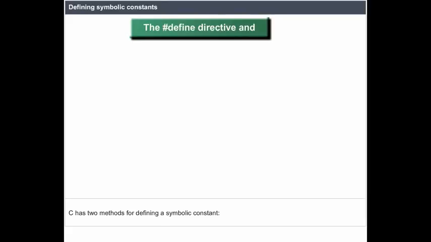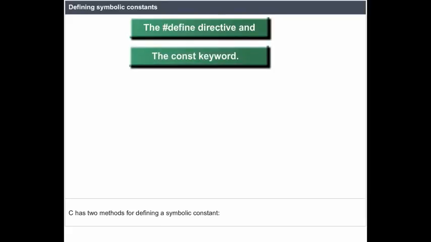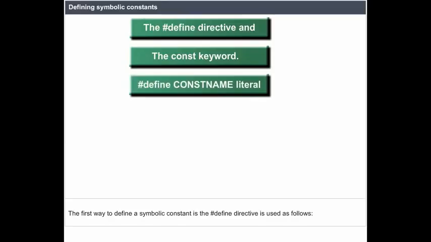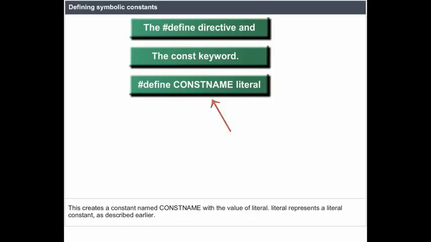Defining symbolic constants. C has two methods for defining a symbolic constant. The first way to define a symbolic constant is with the #define directive, used as follows. This creates a constant named CONSTNAME with the value of literal.